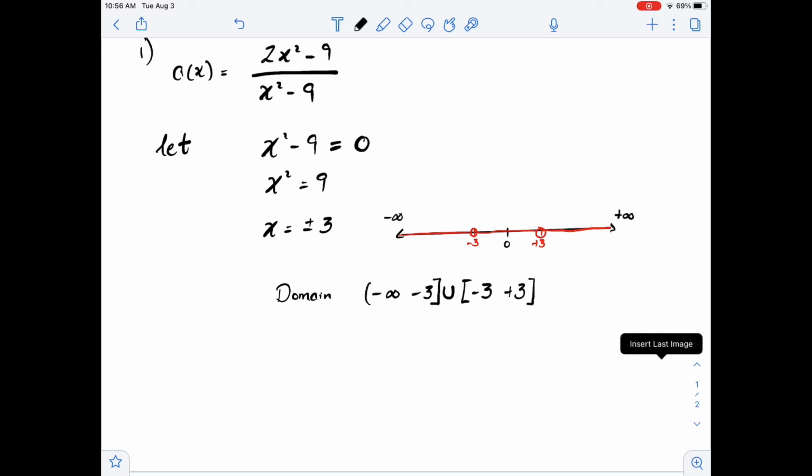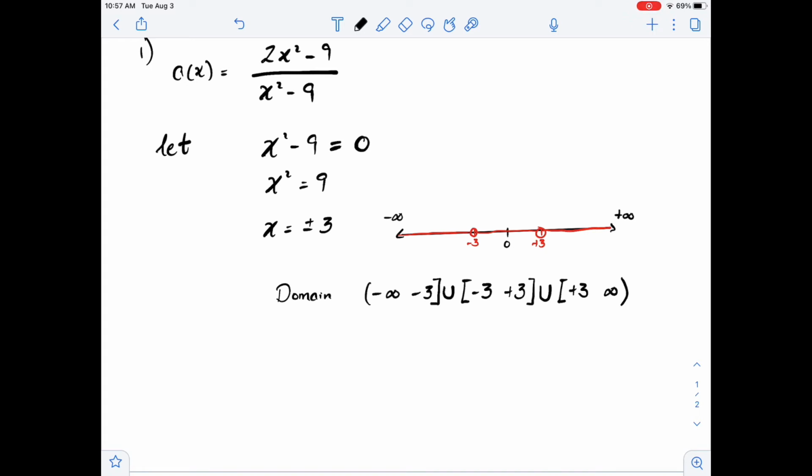And then finally, I need to go to the right of positive 3. And so I have a hard bracket, positive 3 to infinity. And I always have a soft bracket, I like to call it a soft bracket, next to my infinity or my negative infinity. And that's it. That's my domain.